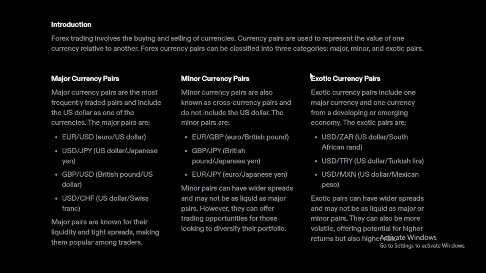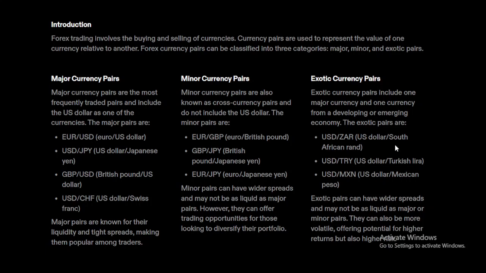All right, so let's go to exotic currency pairs. Exotic currency pairs include one major currency and one currency from a developing or emerging economy. An example is US dollar versus South African rand, ZAR. So as long as that economy is a developing economy, if you pair it with USD, it is under exotic currency pairs.